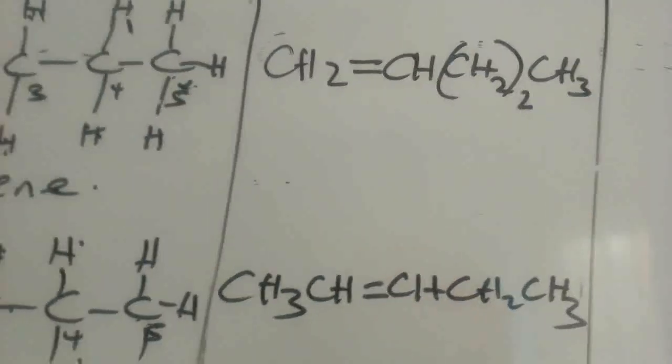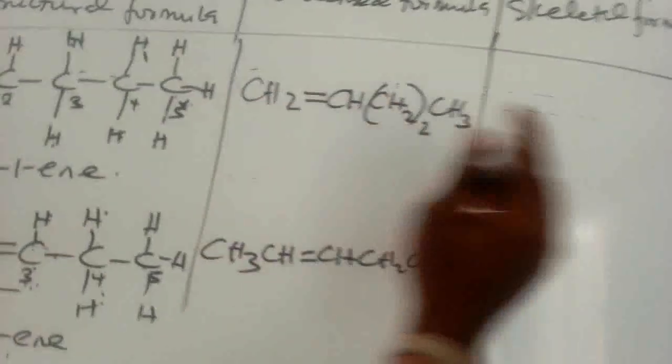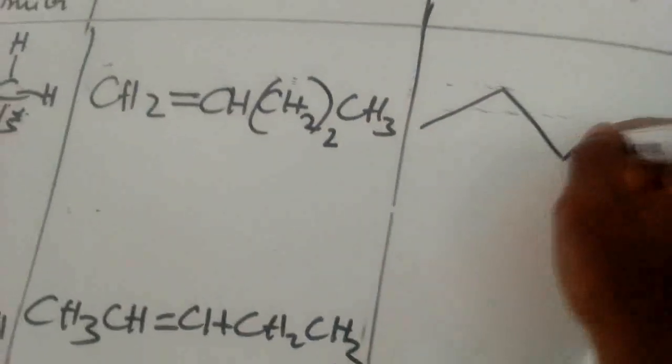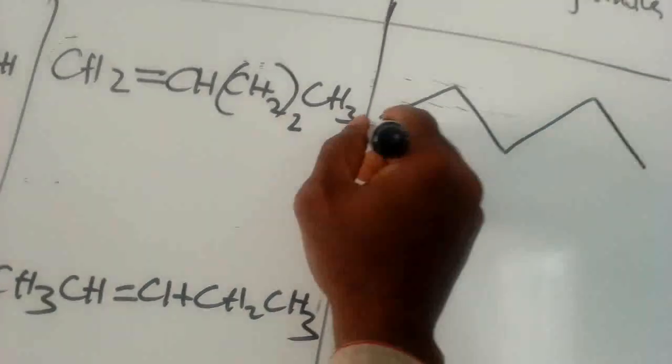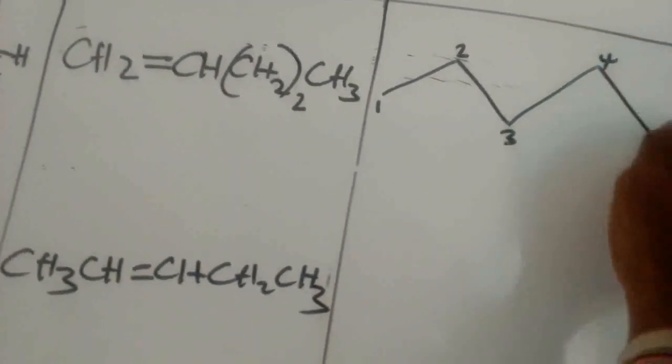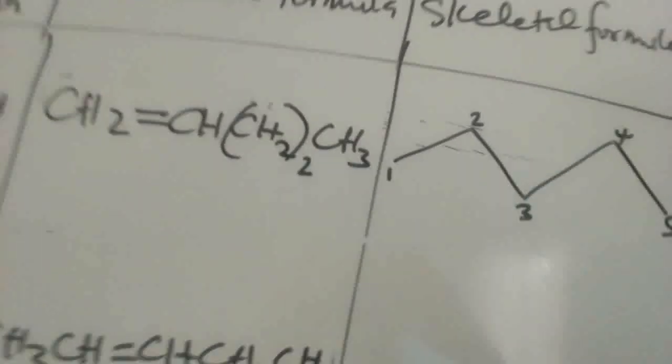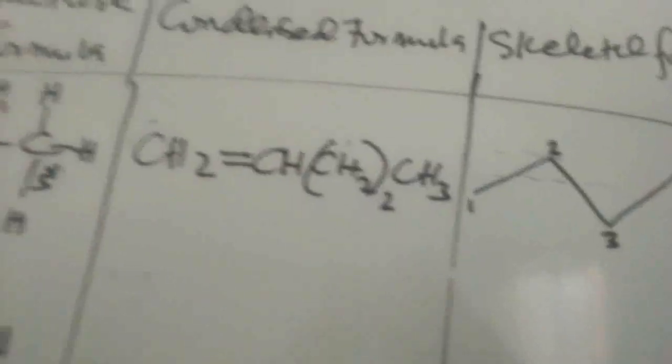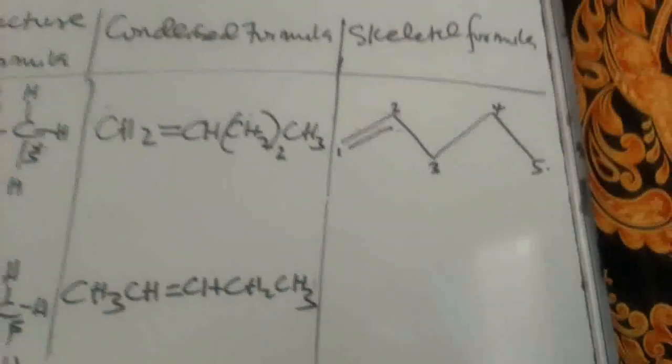Then going to the skeletal structure of these. Number 1, number 2, 3, 4, and 5 position. Then we insert the double bond. The double bond occurs between carbon number 1 and number 2. We go to the skeleton and put the double bond here. That is it.